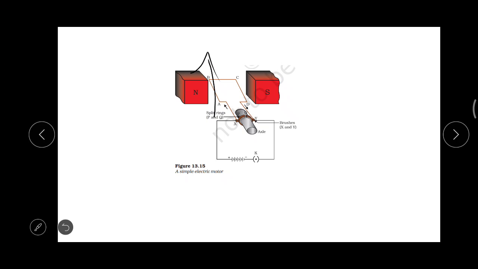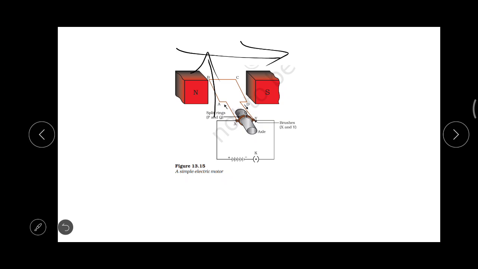So point your middle finger into the screen, and the magnetic field is from north to south, that is from your left to right.